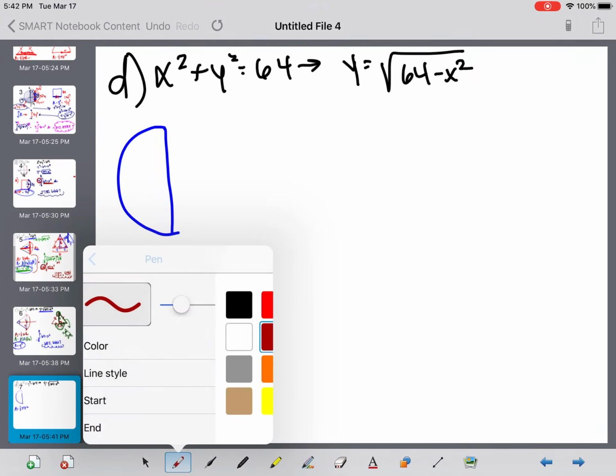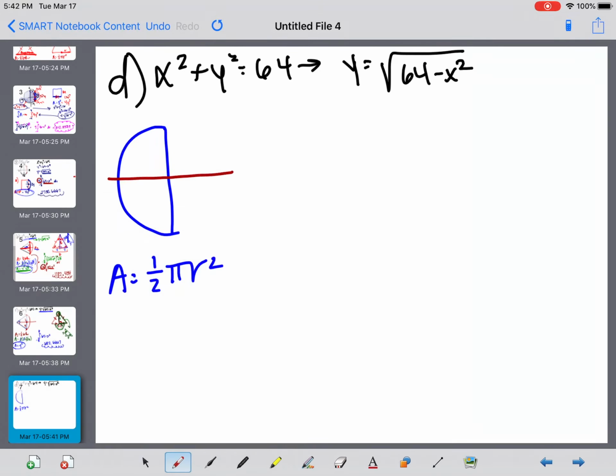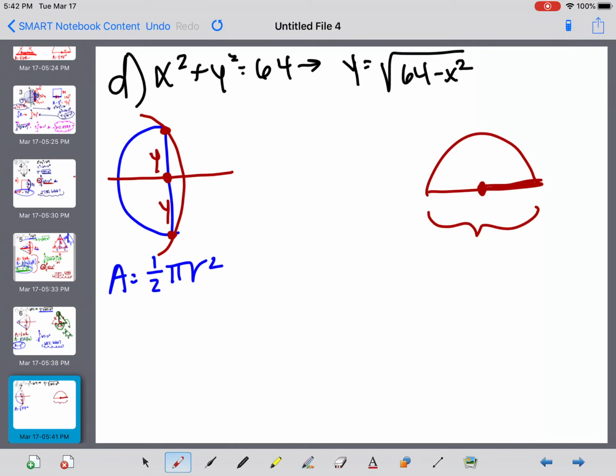Now, again, I want you to imagine that this is the x-axis, and these are points on our circle base. And we know that this is y, and we know that this is y. And since for this semicircle, all we need is the radius, we can see that since the entire base of this circle is 2y, then our radius is just y.